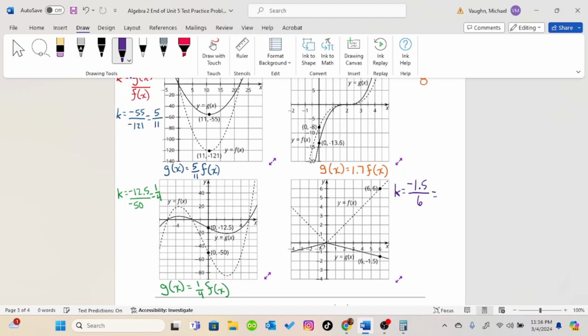And negative 1.5 divided by 6 is negative 1/4. So now when we write it in function notation, we would say g of x equals negative 1/4 times f of x.